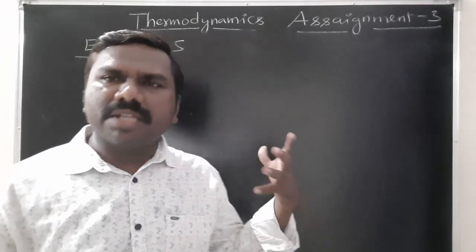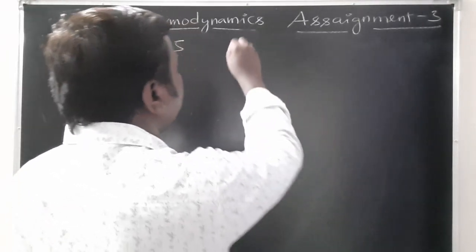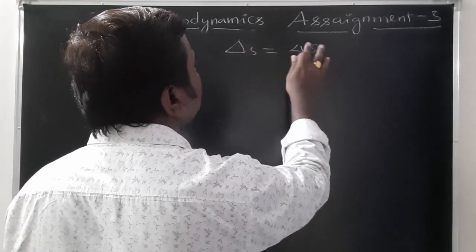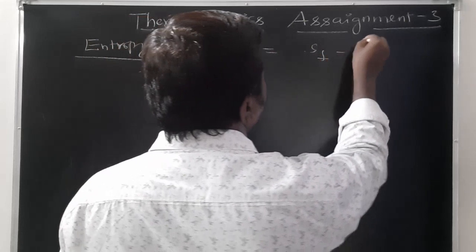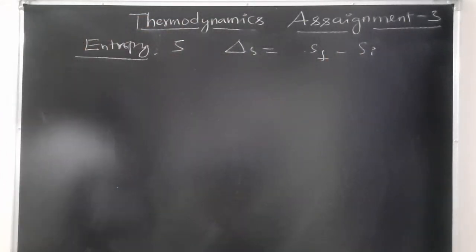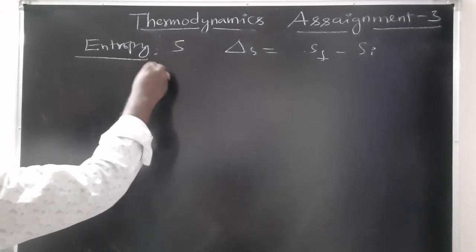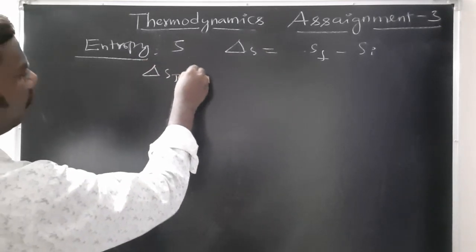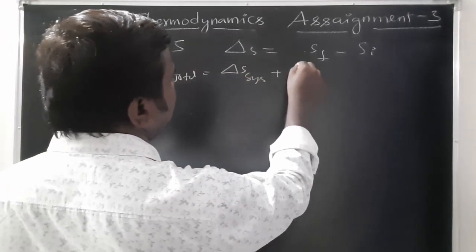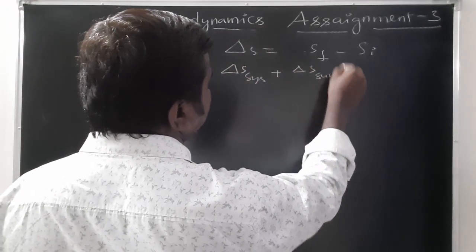Randomness. Entropy is a state function, depending upon the initial state as well as the final state. Delta S is equal to S final minus S initial. Next, the entropy formula: total entropy is equal to delta S of system plus delta S of surroundings.